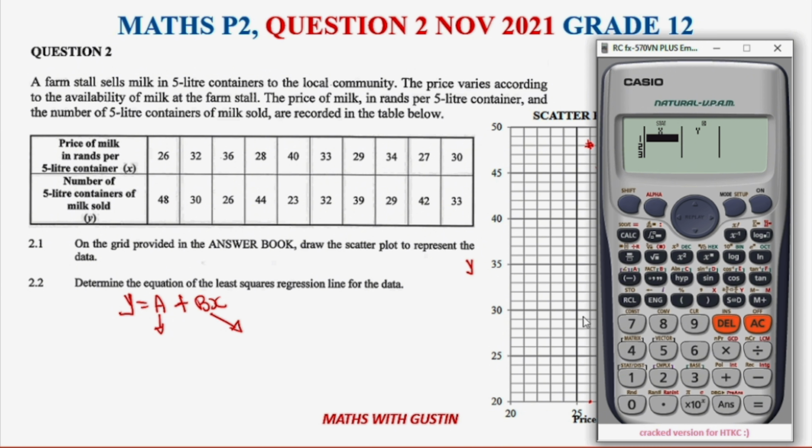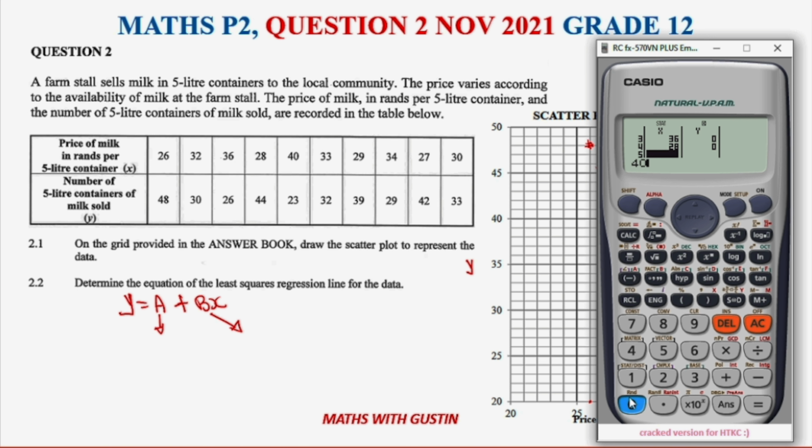Okay, let's go ahead. We're going to say 26 and then equal to, then 32 equal to, 36. There you go. Please, guys, be careful when you enter the data, because anything else that you're going to answer after this will depend on the data that you have entered.